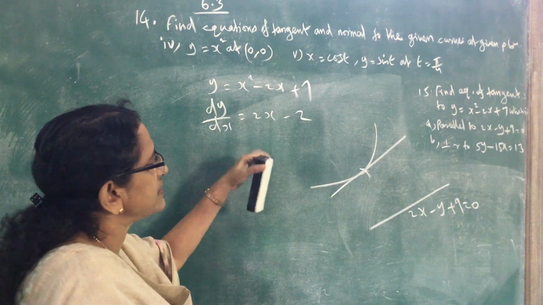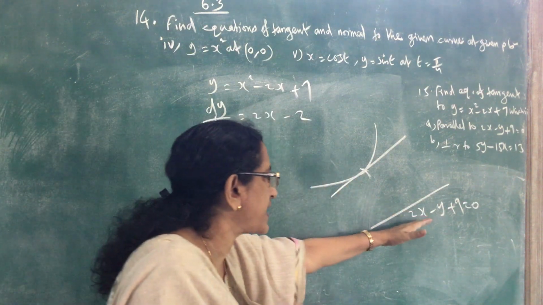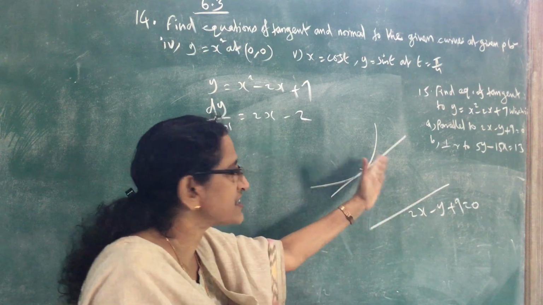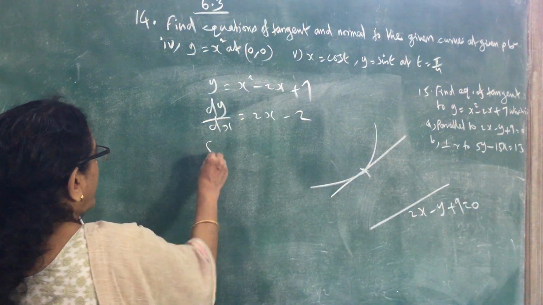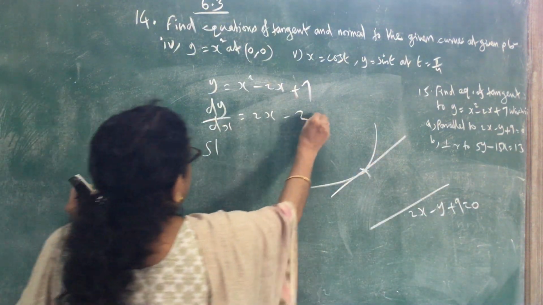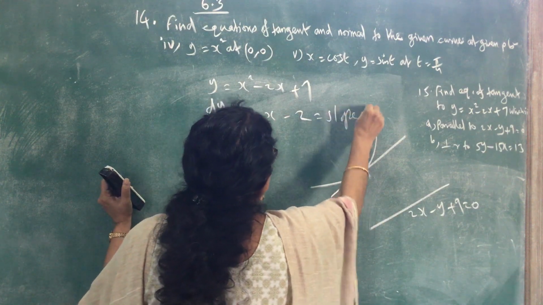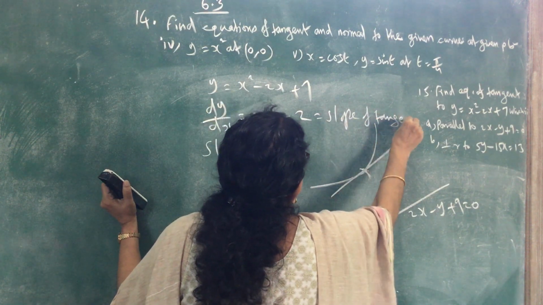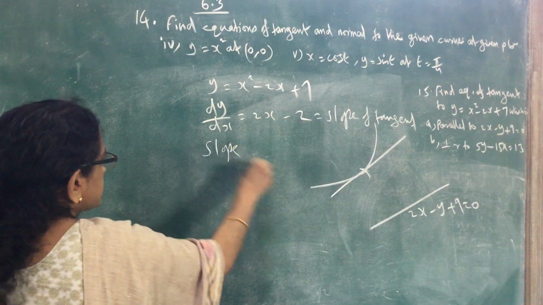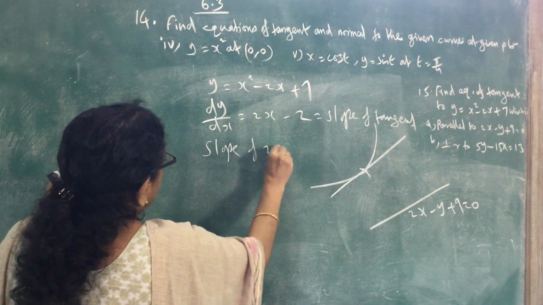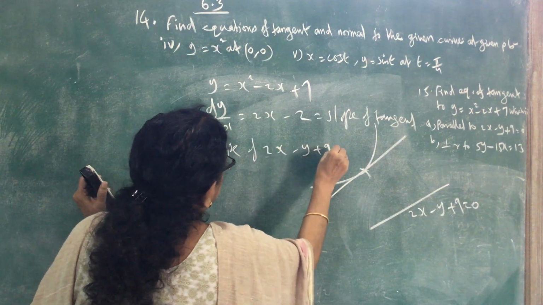Now, given that this tangent is parallel to this line, what is the slope of this line? Their slopes are equal. The slope of the tangent equals the slope of the line 2x minus y plus 9 equal to 0.